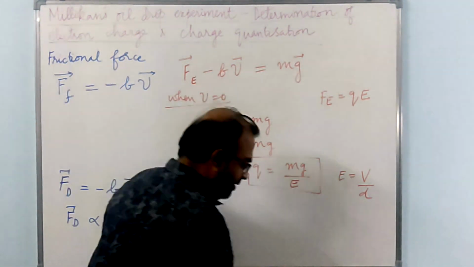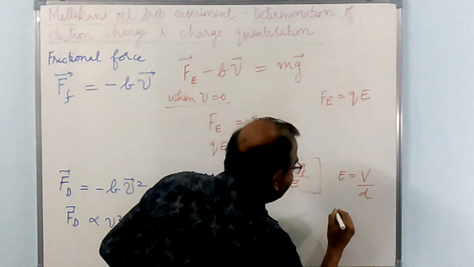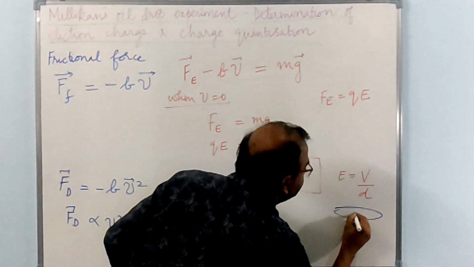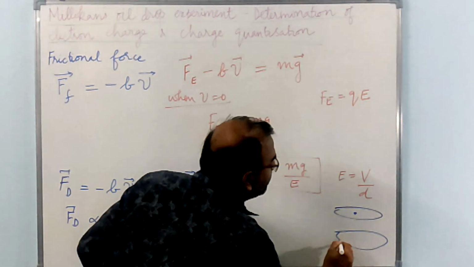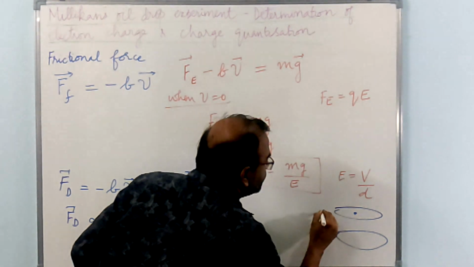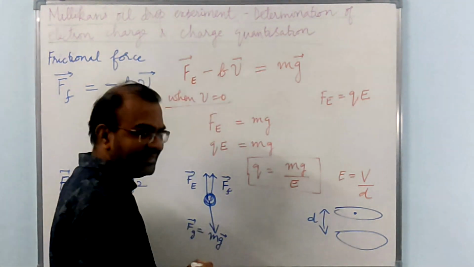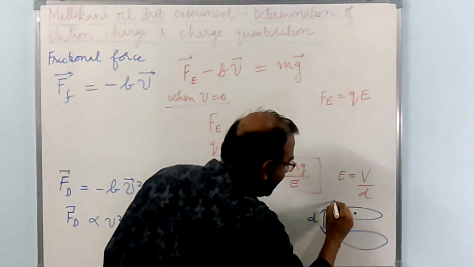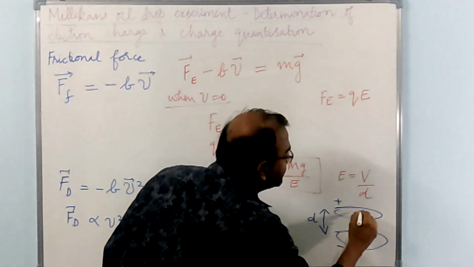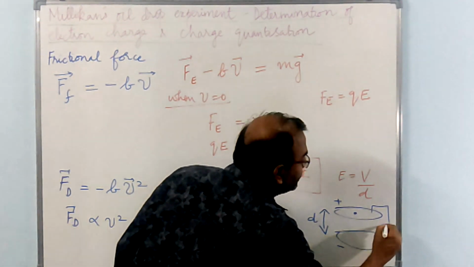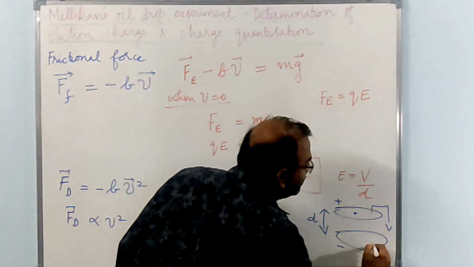That is, we have metallic plates between which we apply a potential. The distance of separation between the two plates, let us say, is small d, and the potential difference in this case is V between the two plates.